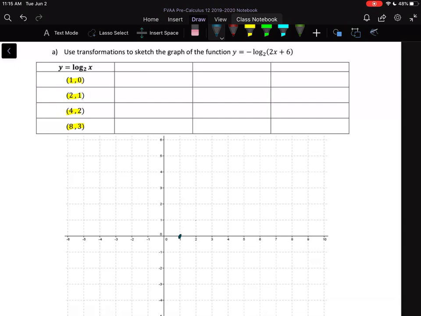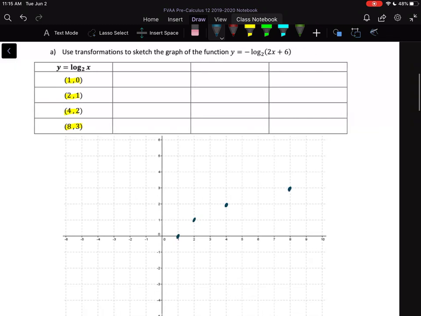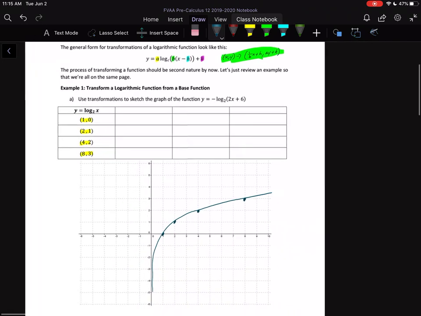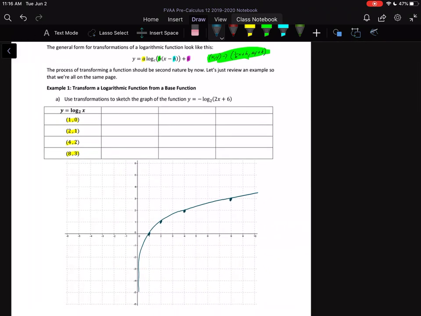I have 2 and 1, which is here. I have 4 and 2, which is here. And I have 8 and 3, which is here. And so I can see my line coming from negative infinity in the y direction and then doing this curve like that. So that would be our basic log function.